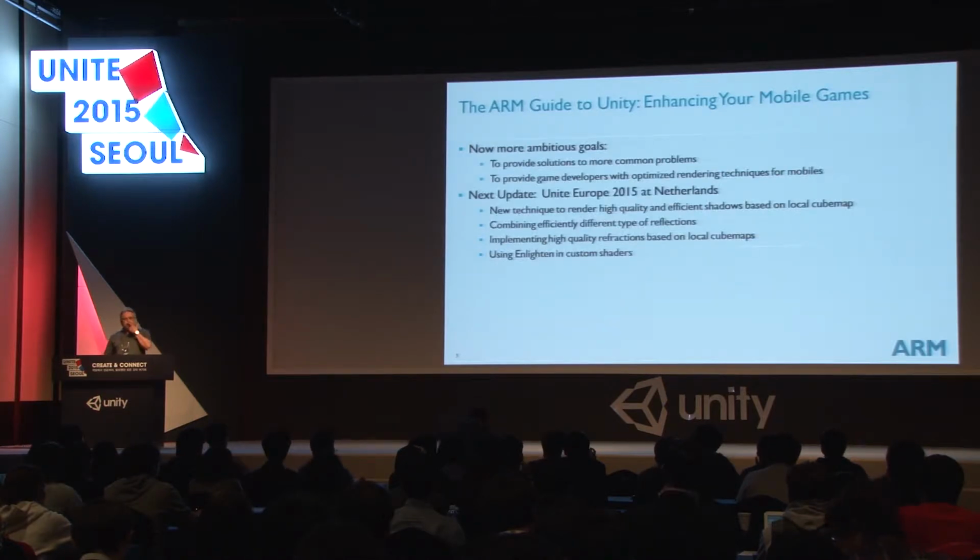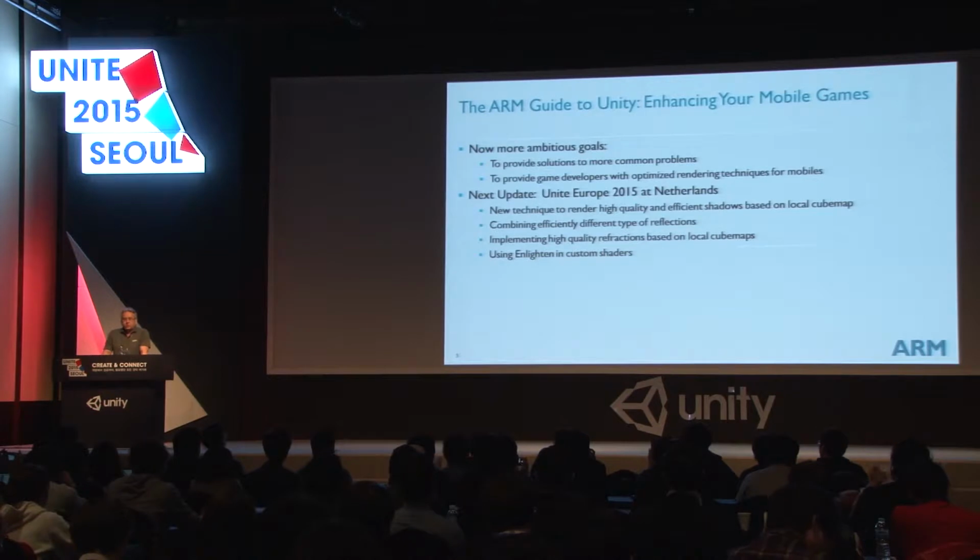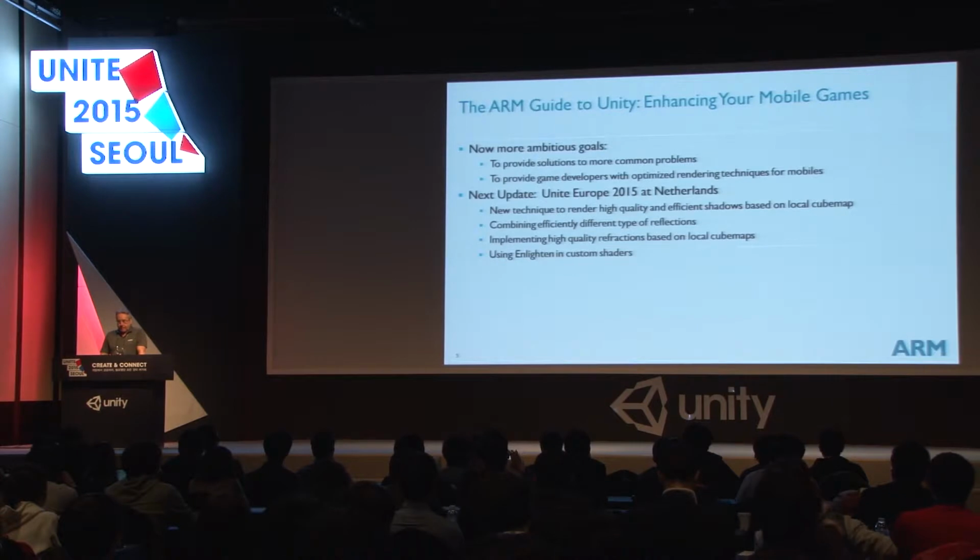But now this project is getting more ambitious. We are keeping the goal of providing solutions to more common problems when developers start to learn Unity, but we want to add more advanced content. We want to add content related with optimized rendering techniques for when writing games for mobile platforms.